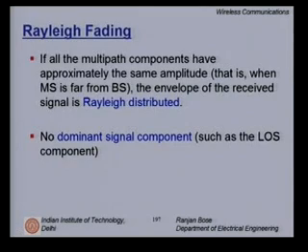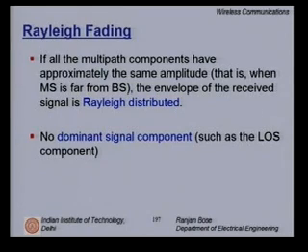If all the multipath components have approximately the same amplitude, that is, when the mobile station is far from the base stations and there are several reflectors, the envelope of the received signal is approximately Rayleigh distributed. No dominant signal component must exist.